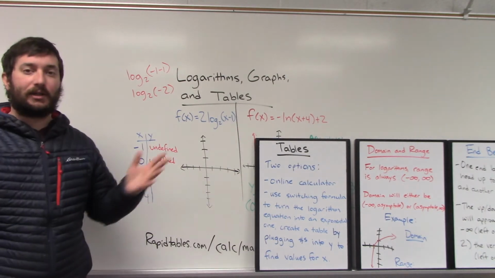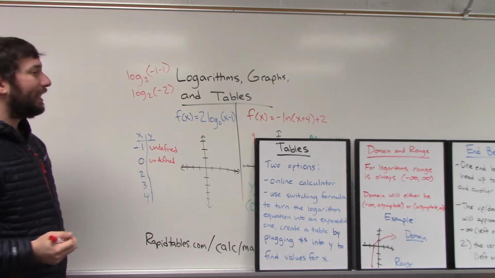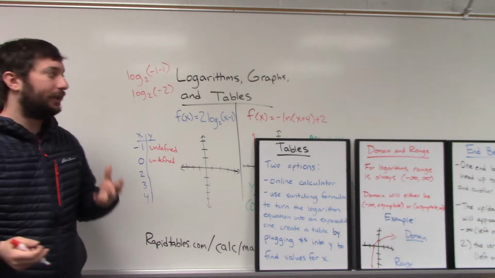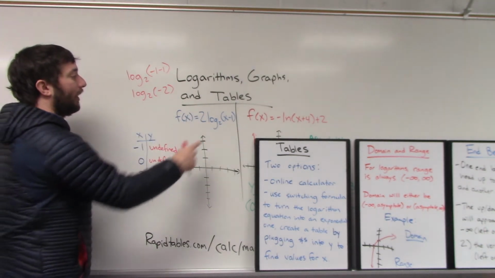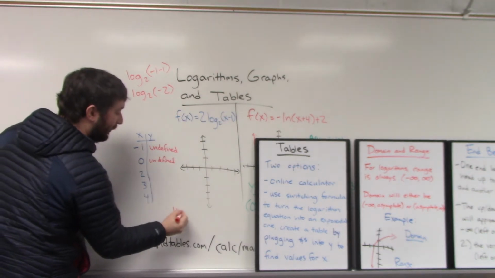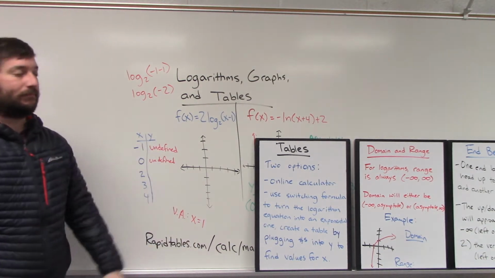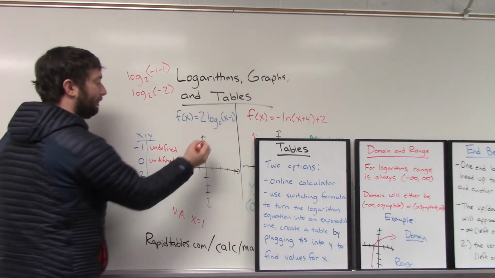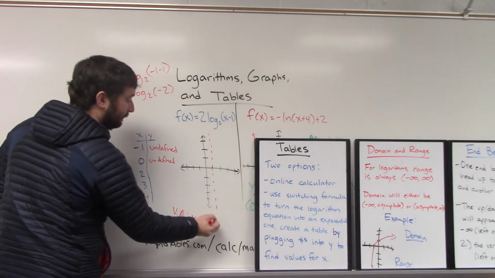Error is another way to express this, and the reason that's the case, remember back to our discussion in our last video, we have a vertical asymptote here, right? What turns this parentheses into 0? We have a vertical asymptote at x equals 1. 1 minus 1 would be 0. We're going to have a vertical asymptote here.